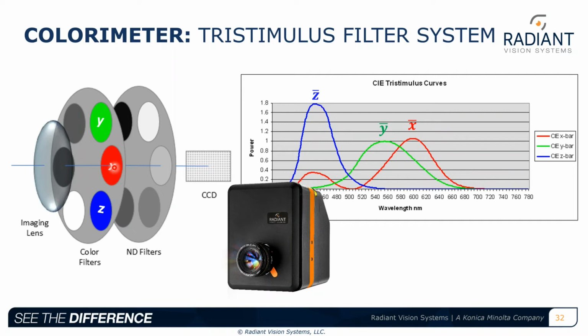And now we know our capital X, how much light fits through that tristimulus curve. And lastly, we do the same with Z. So colorimeter systems, rather than measuring the spectral power distribution, which is information that we don't need all of, instead we can just figure out our tristimulus X, Y, and Z using a filter system.